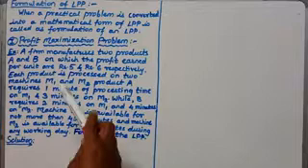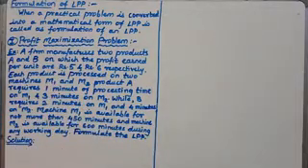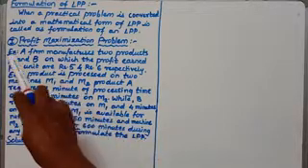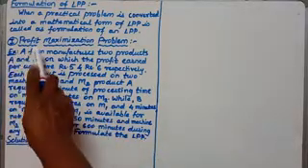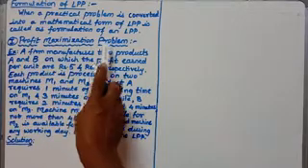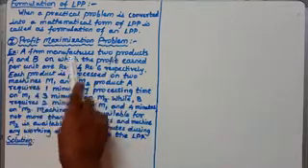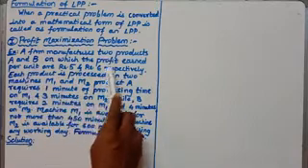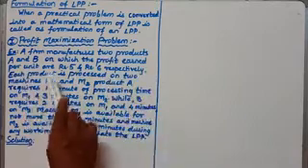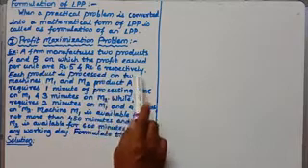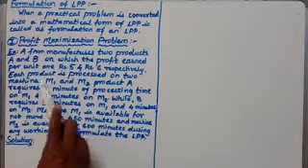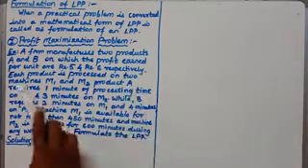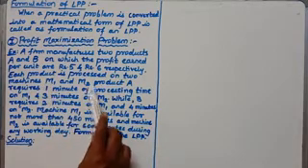Now, let me see some of the real world problems for formulation of an LPP. The first problem is of the type profit maximization problem. A firm manufactures two products A and B on which the profit earned per unit is rupees 5 and rupees 6 respectively. Each product is processed on two machines M1 and M2.